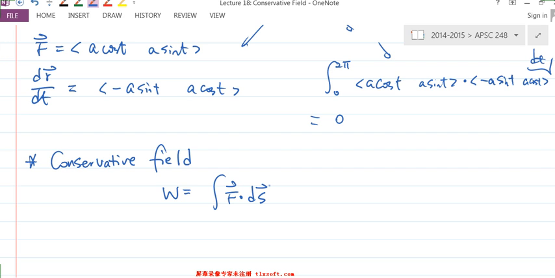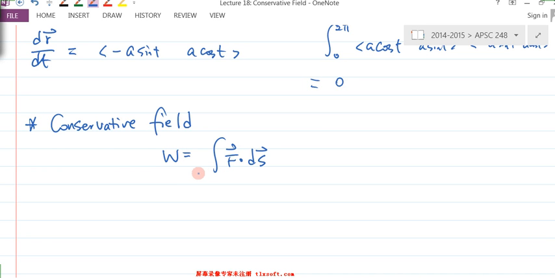Now let's look at this formula. If you recall, how is that formula derived? Basically, you had a dw here, and W equals the integral of a small amount of work, and equal to this.